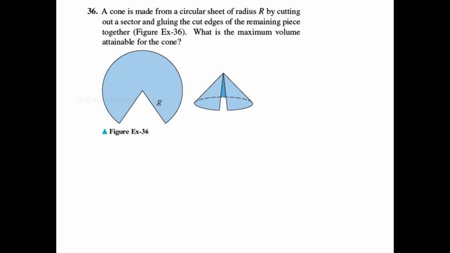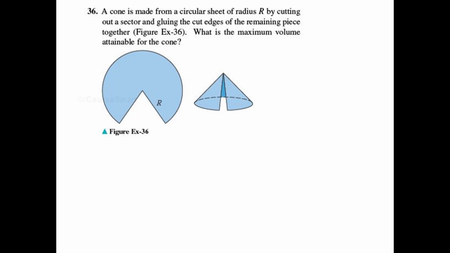So what is the maximum volume? So we want to maximize the volume. So we are going to cut out this little sector, glue it together, so we're going to cut out this little sector here, and we're going to glue it right there, right?